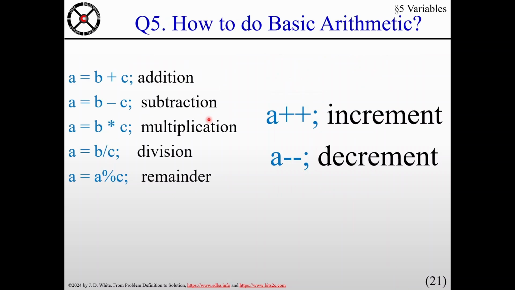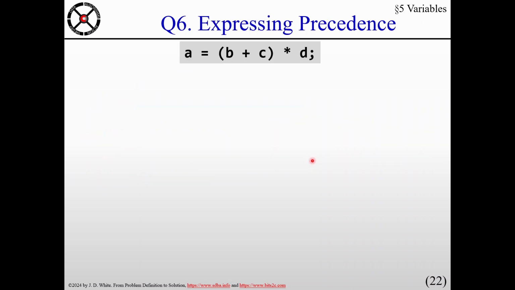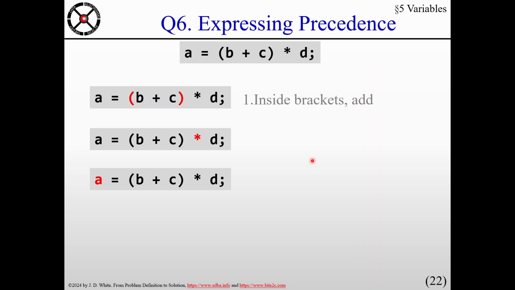Okay, we mentioned these are the various arithmetic operators. How we do addition is plus, and then subtraction, multiplication, division, finding the remainder of a number, adding 1, subtracting 1. We talked a little about precedence.